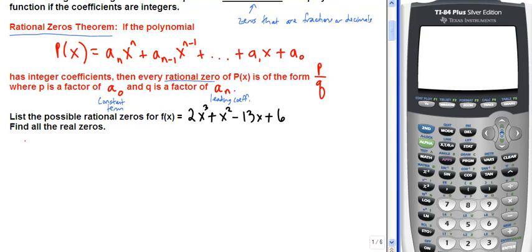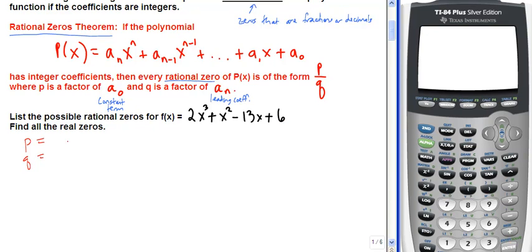So what we're going to do is find our factors p and q. And you have to remember that p is the factor of the constant term, so that would be this constant 6 on the end. So what does it mean to be a factor? It means you have to be a number that divides evenly into 6, and this includes both possible signs, positives and negatives.